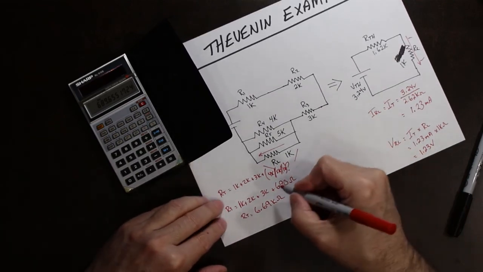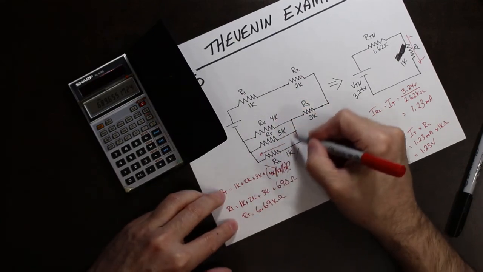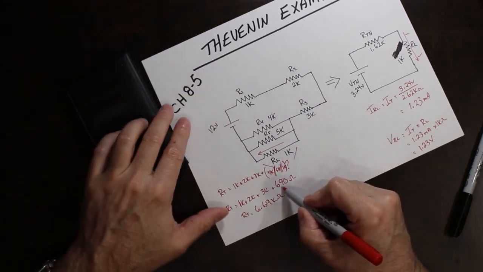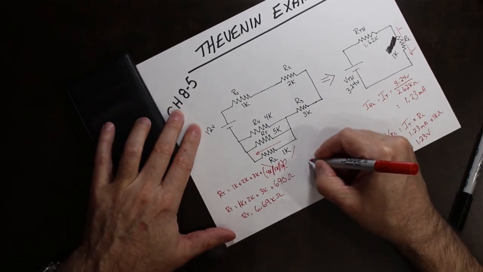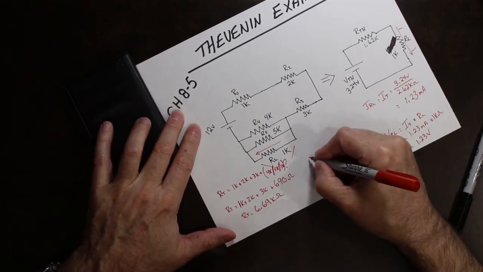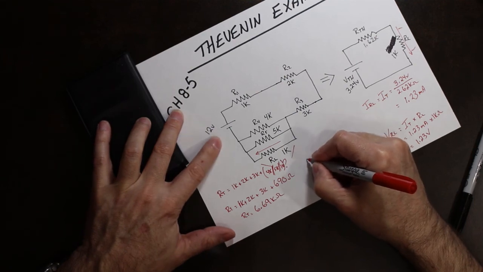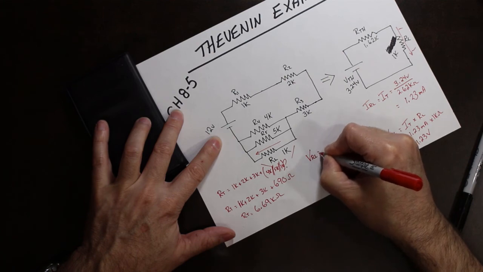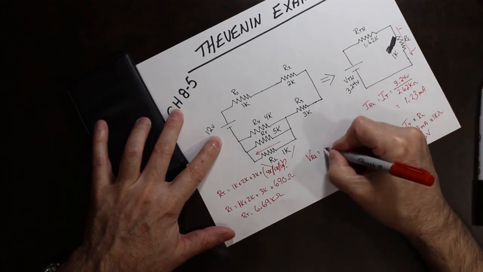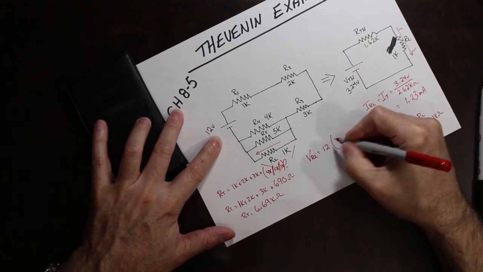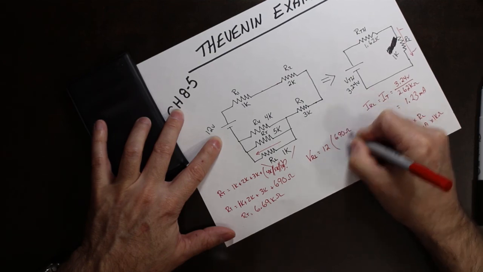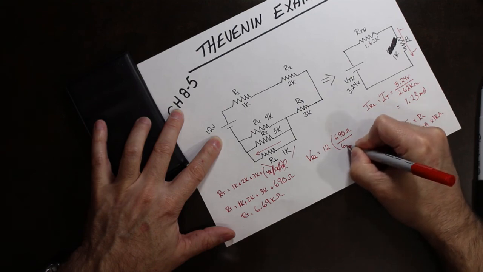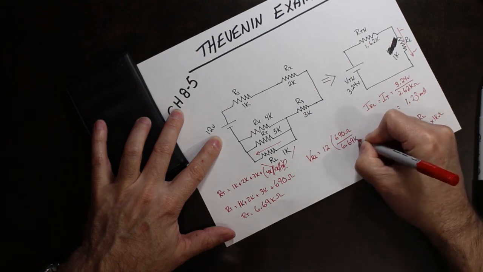So if we wanted to, these three resistors equate to that value. So we can use the voltage divider and we can look at it like this. The voltage across RL is equal to 12 volts times 690 ohms over 6.69 kilohms.